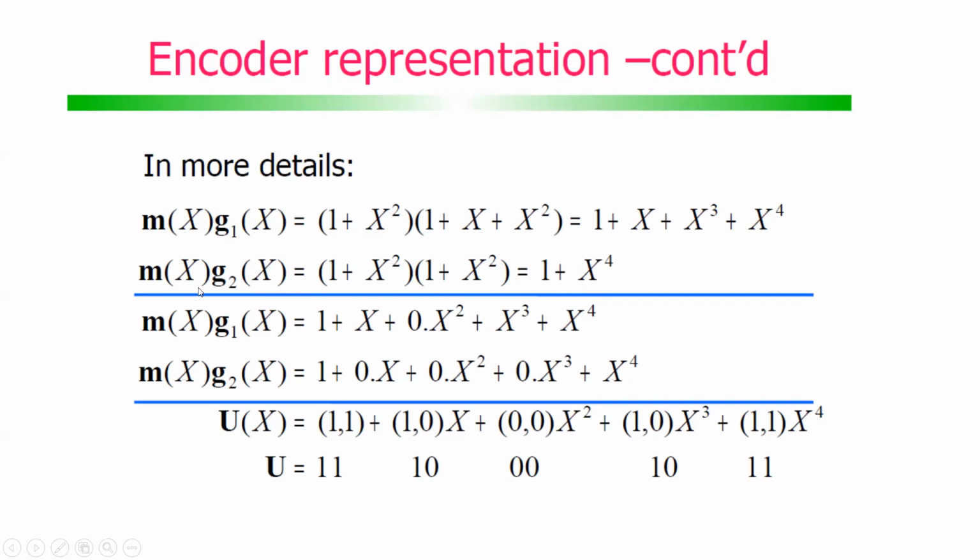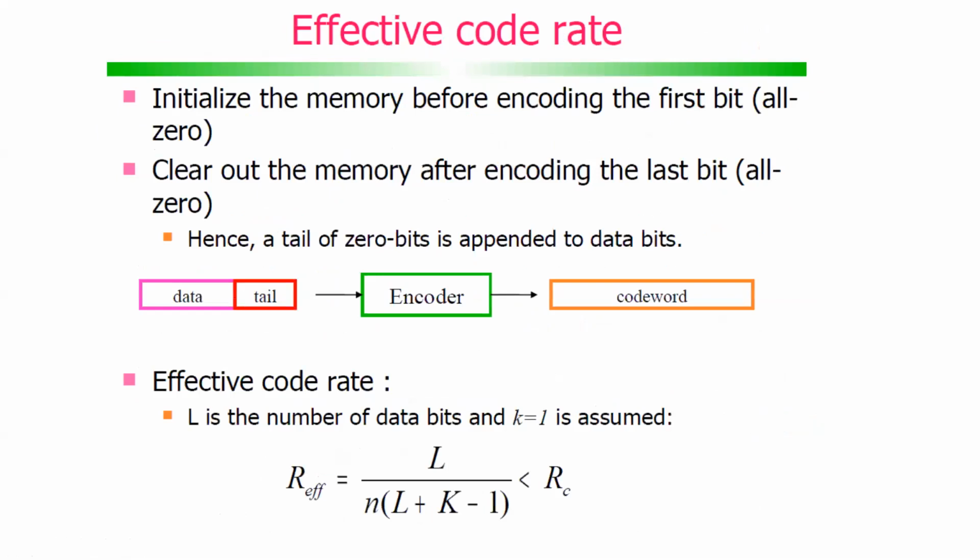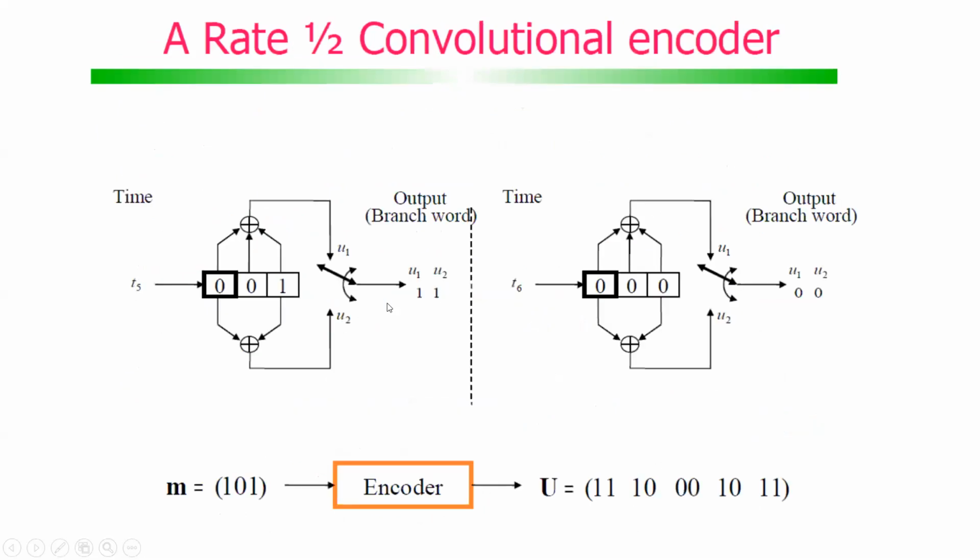For the second polynomial, you again multiply, and this will be 1 plus x square. Take the coefficients of the first polynomial, 1 1 1 0 0 0 1 0 here, and 1 1 here. So you get the same code word as you obtained after doing the XORing.